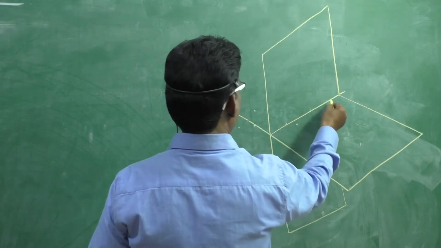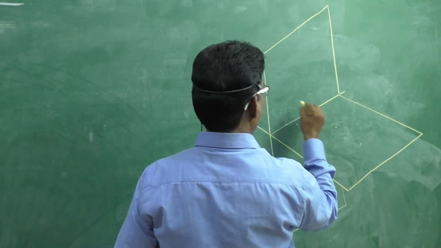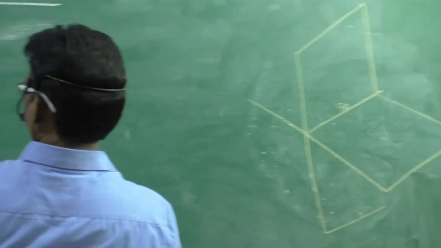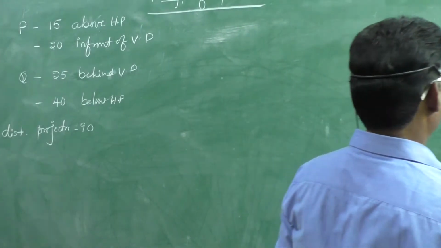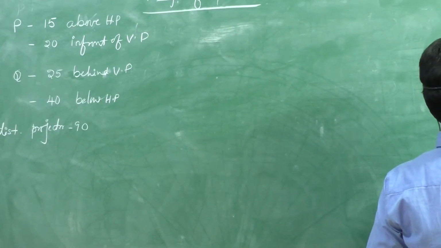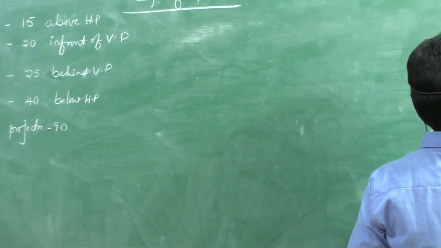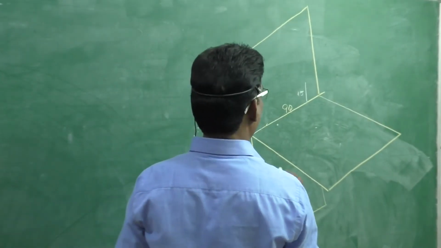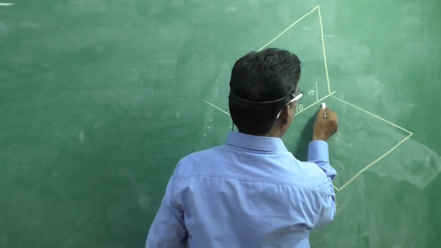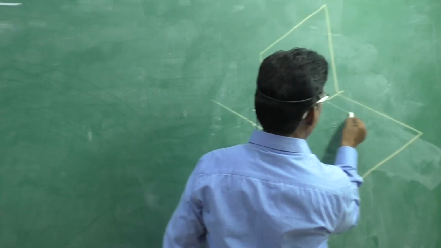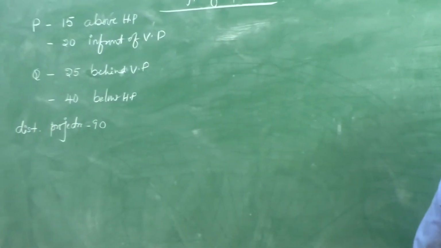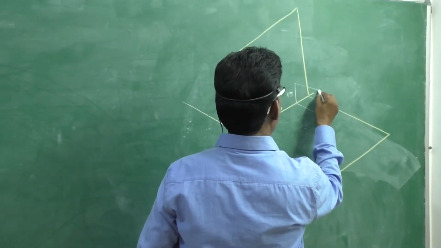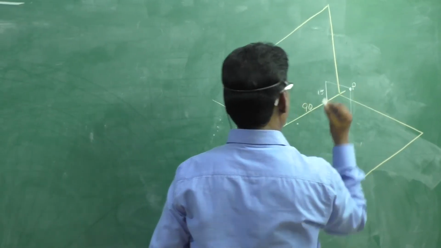The distance between these projectors is equal to 90 mm. Therefore, keep 90 here. Next one. The point P is above HP by 15 mm. This is above HP. This is 15. Right? Next, in front of VP 20 mm. This is 20 mm. Now, if you draw a construction line like this, this is the position of point P. Okay?